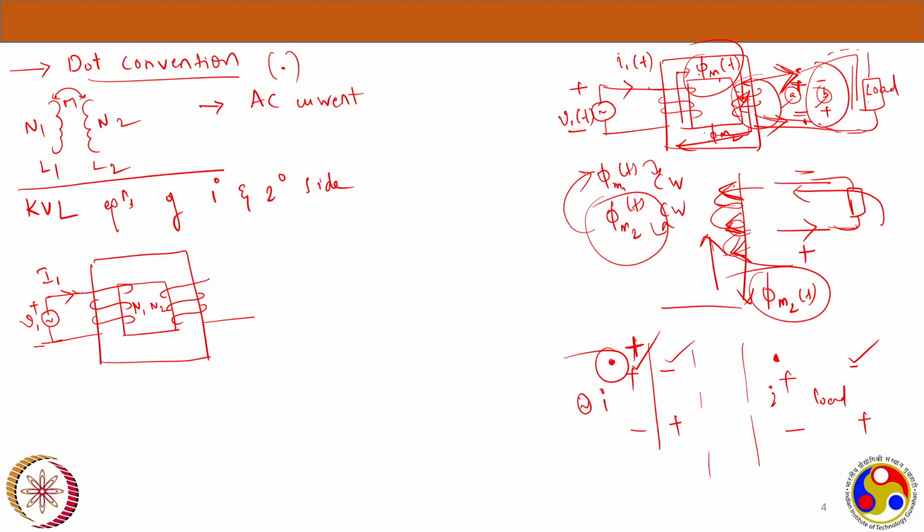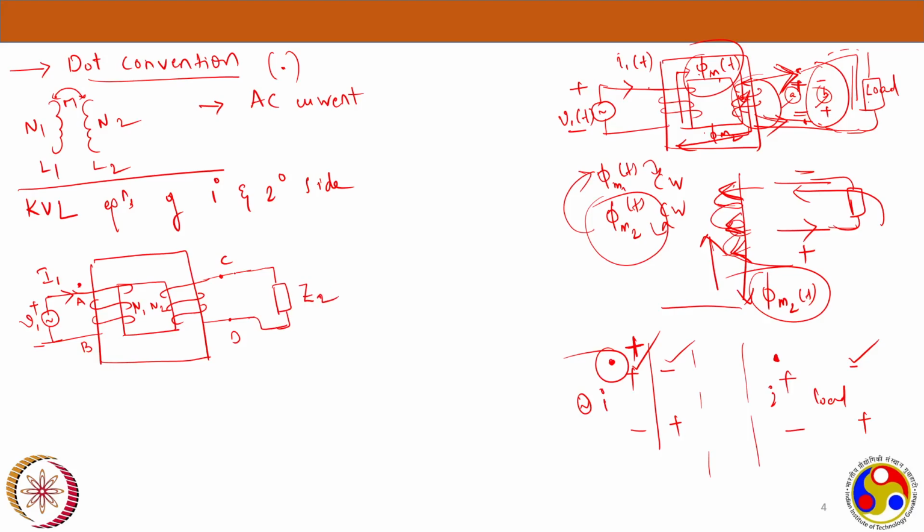Let's say this is A and B. I'm keeping a dot here, and this junction I'm calling C and D, and here I'm placing a load to which I want to deliver my current.